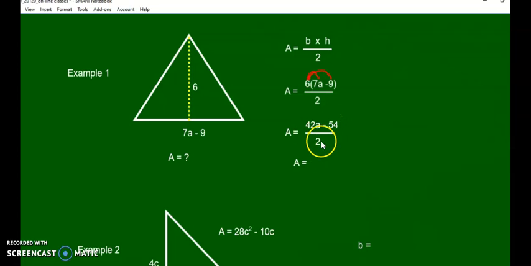So 42a divided by 2 is 21a, minus 27, since 54 divided by 2 is 27. So that's the area of this one. Now for the perimeter, I didn't give you enough information to find perimeters, but you would just add up all three sides.